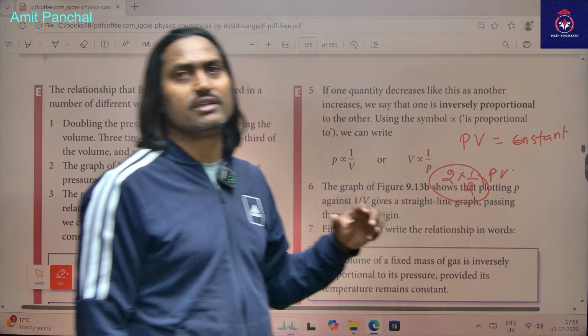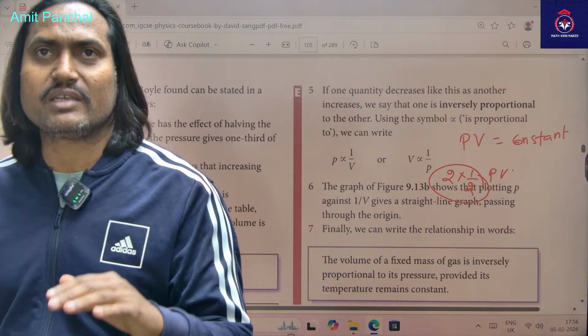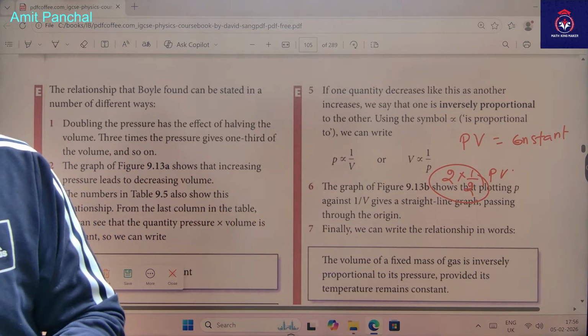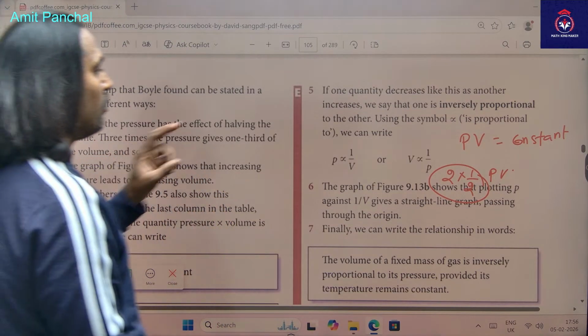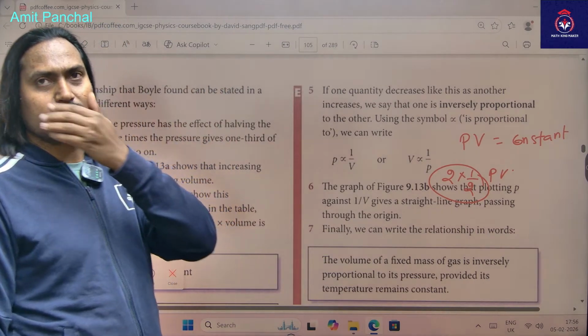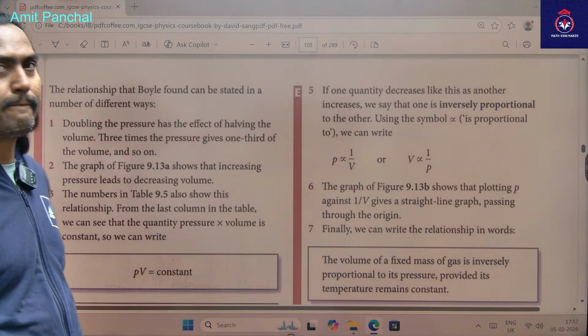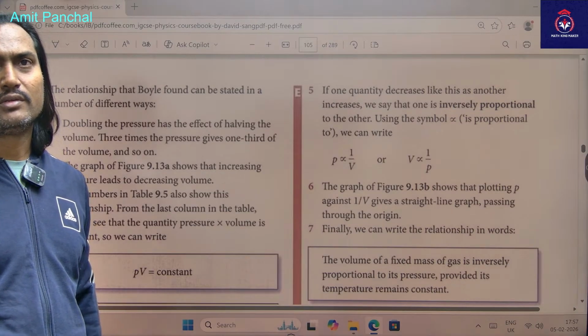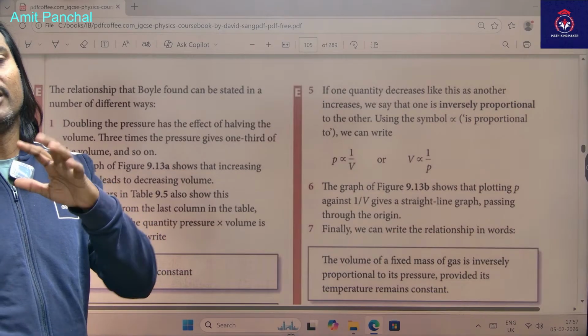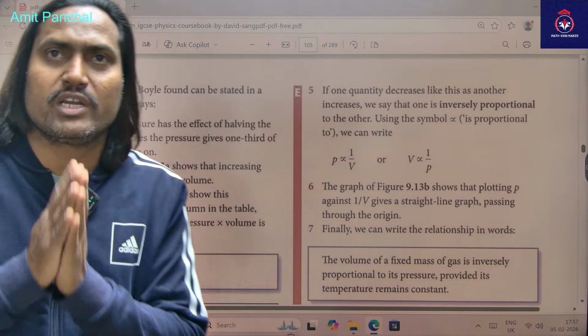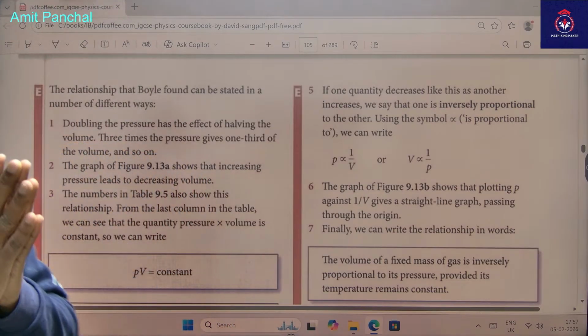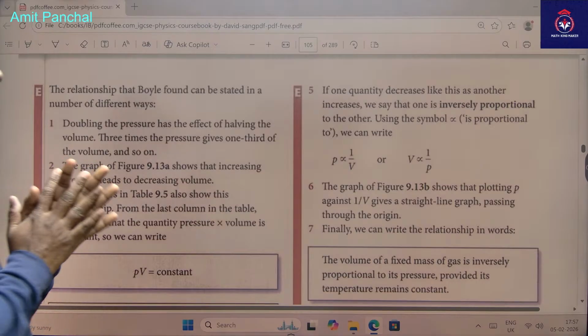So if you increase pressure 8 times, your volume will decrease to 1/8, because their product will be constant. Its product will always be PV.